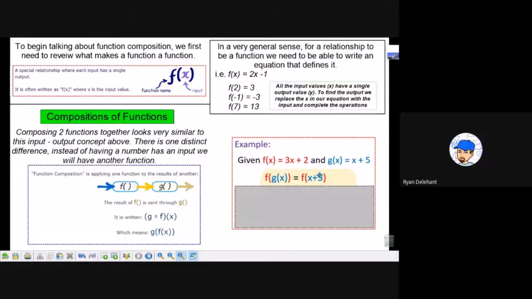So what happens here when I find the f of x plus 5 is this x becomes a x plus 5. So I get 3 times x plus 5 plus 2. Then we would simplify and we get this new function that is f of g of x.